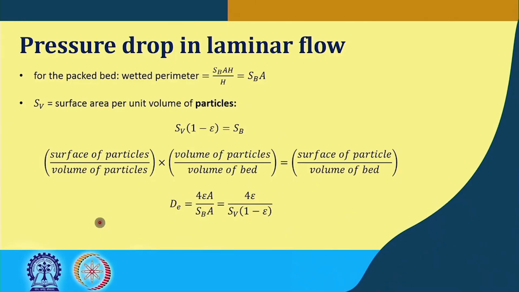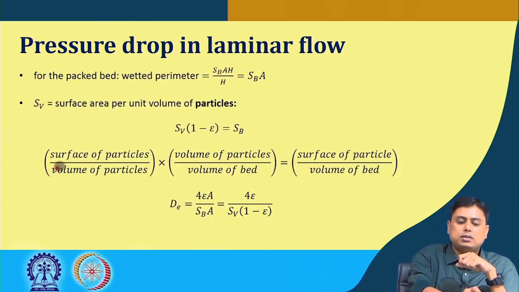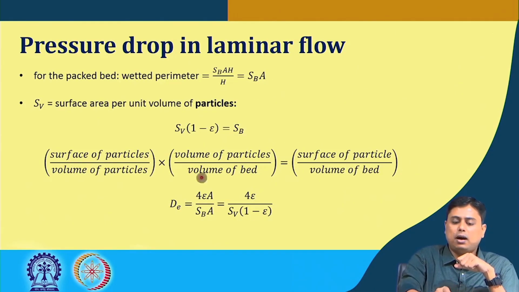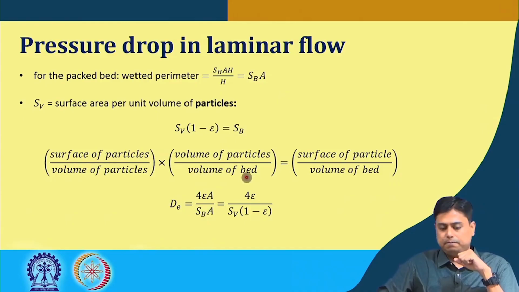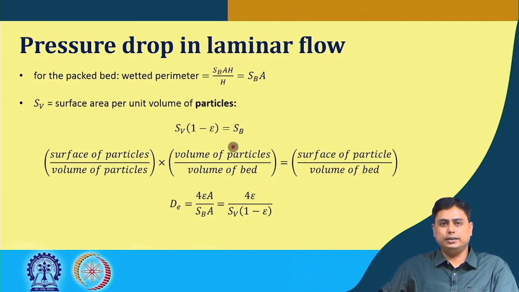So, 1 minus epsilon is the volume of particle divided by the volume of bed, and that eventually cancels the denominator. So, it becomes surface of particles per unit volume of the bed, which is nothing but S B that we defined earlier.